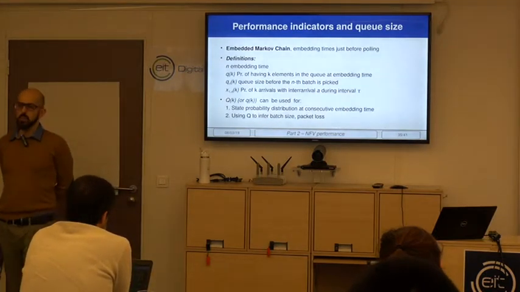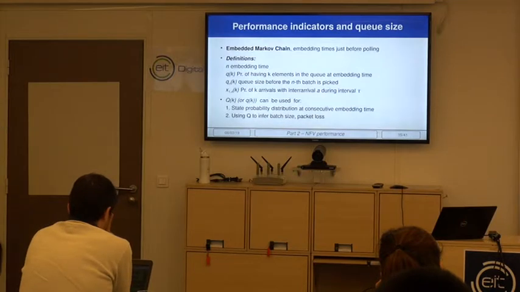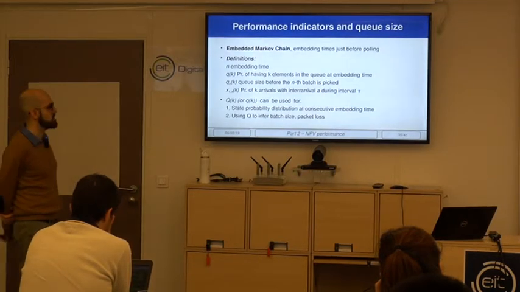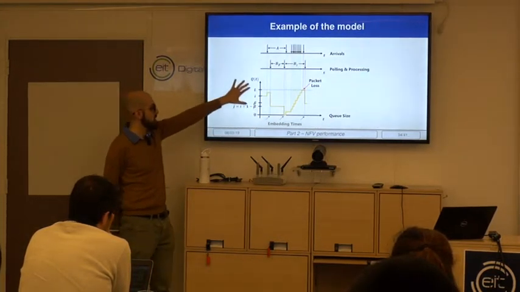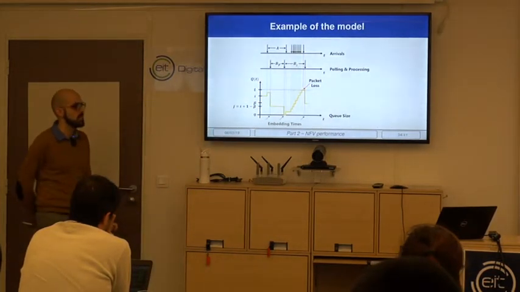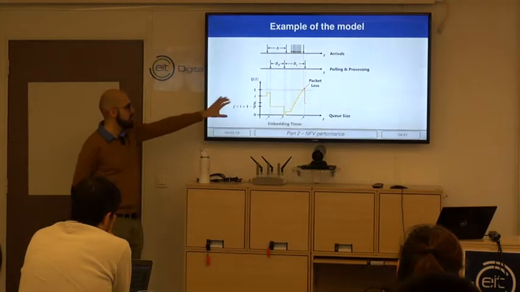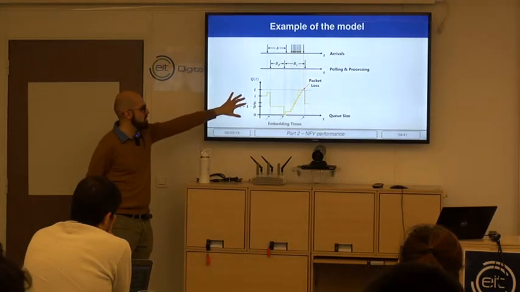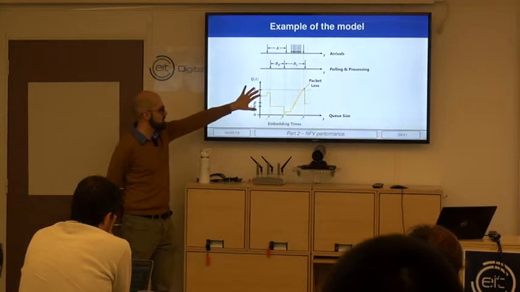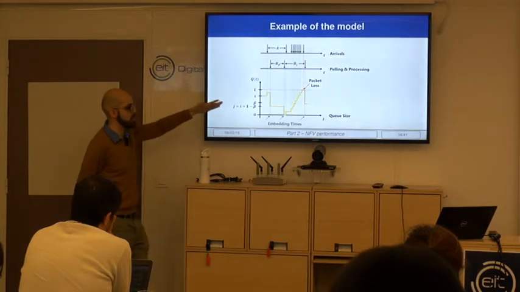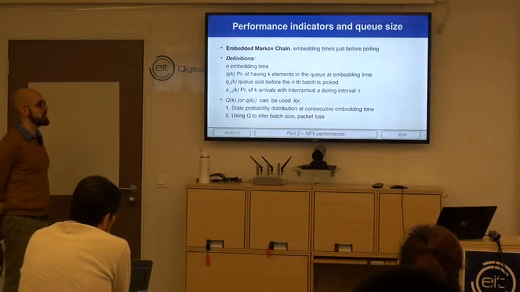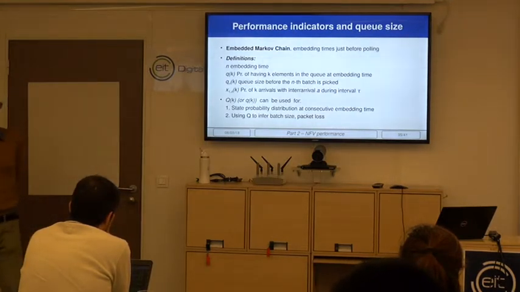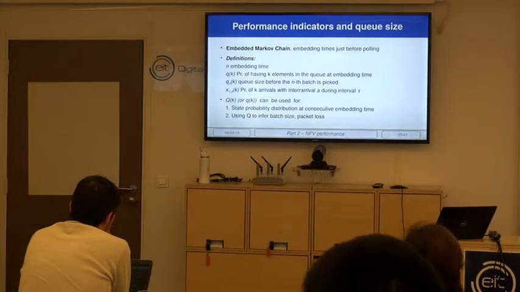In particular, we will use embedded Markov chains. As shown here, the embedding times are defined to be just before the polling occurs, so the embedding times are those times where the queue size is decreased. If we define n as the embedding time, we have q(k), that is the probability of having k elements in the queue at the embedding time.